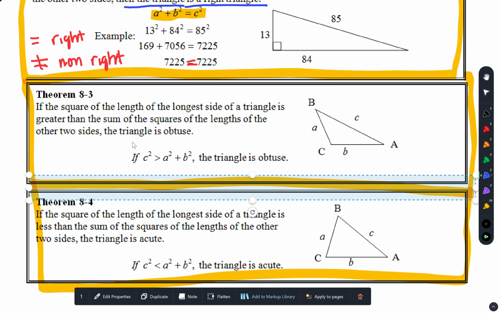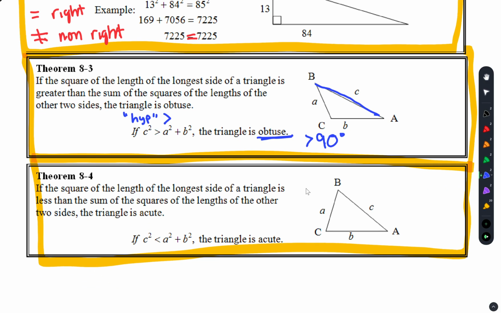But for our purposes, we're going to call that longest side of our triangle still the hypotenuse. If that hypotenuse squared is larger than leg 1 squared plus leg 2 squared, then our triangle must be an obtuse triangle, which means that we have one angle that is greater than 90 degrees.